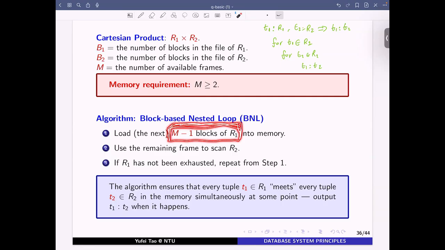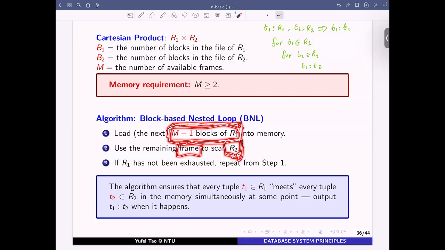You want to keep them there throughout the iteration, and then use the remaining frame to scan through R2. In doing so, you create all the possible handshakes in the main memory by spending some CPU time, and this CPU time is not the concern here.